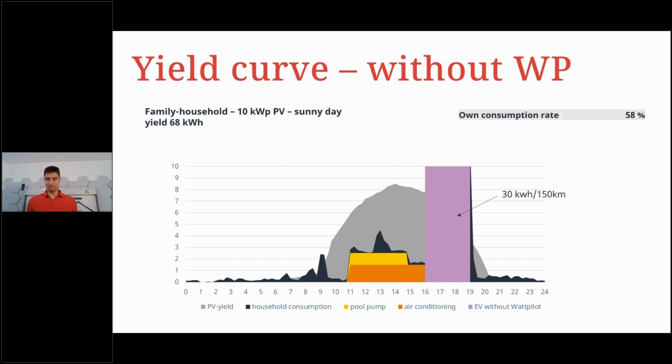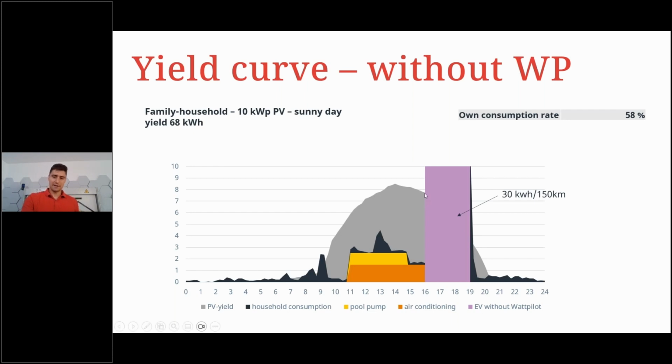Are we happy? Not really. There's a reason why I said earlier we recommended doing EV charging like this. Now we don't recommend it anymore. You see, we use a lot of the gray area from 4 until 7 in the afternoon, but our electric vehicle is charging much more energy than this.